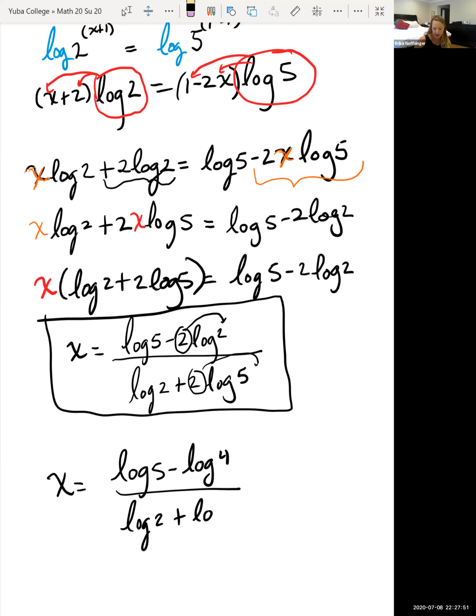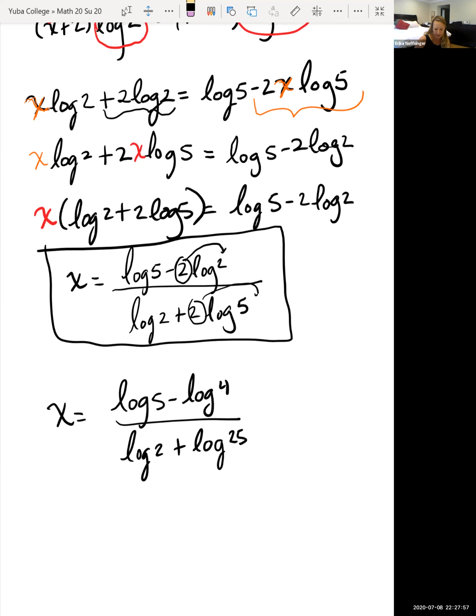That would be log of 5 squared is 25. But this is also equivalent. I could rewrite this as a single log. Minus tells me between 2 logs, I can rewrite it as log of 5/4, all over log of addition, 2 times 25, 50.